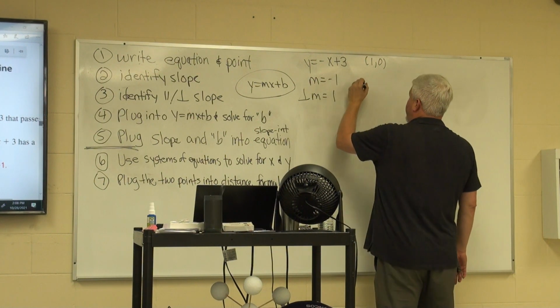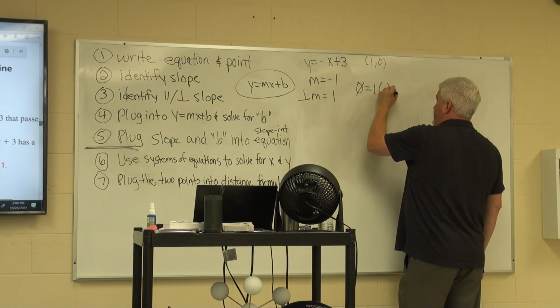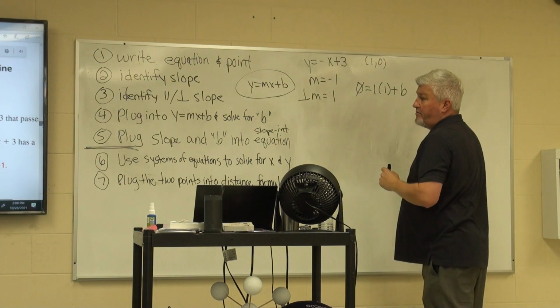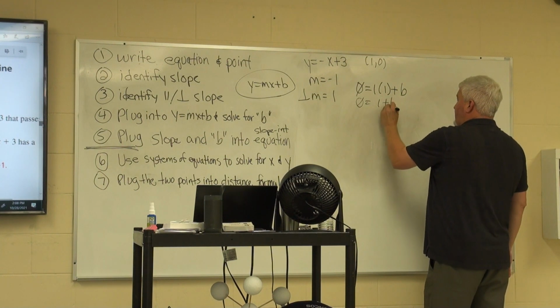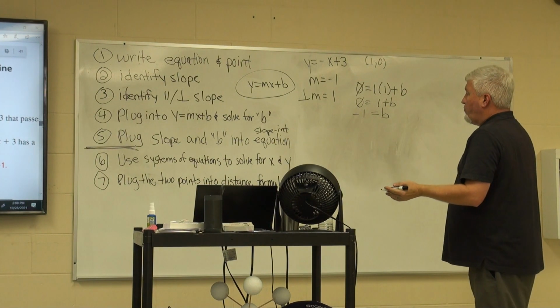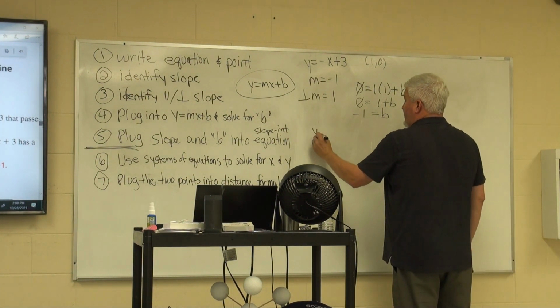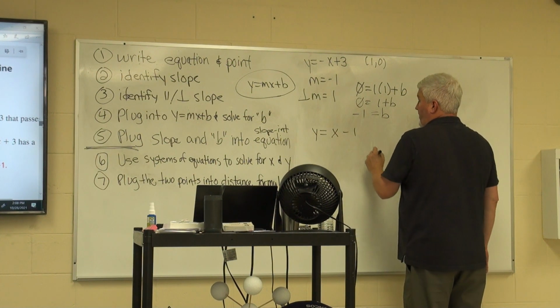Plug it back in. 0, the y equals m times x plus b. Okay? 0 equals 1 plus b. b equals negative 1. So I now can write my equation. y equals 1 times x is x minus 1.